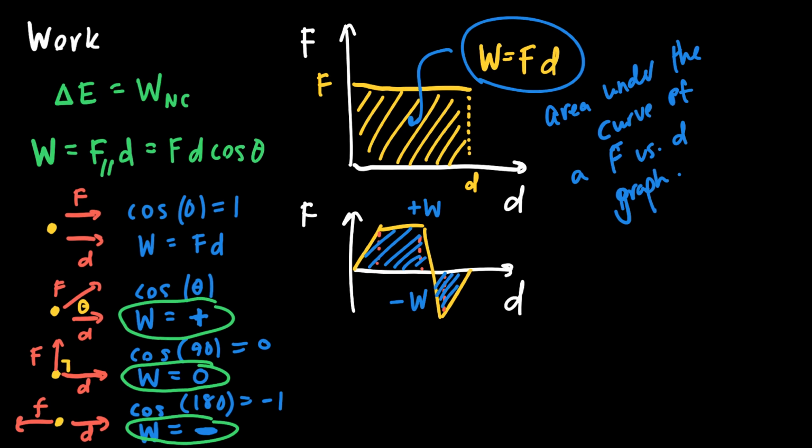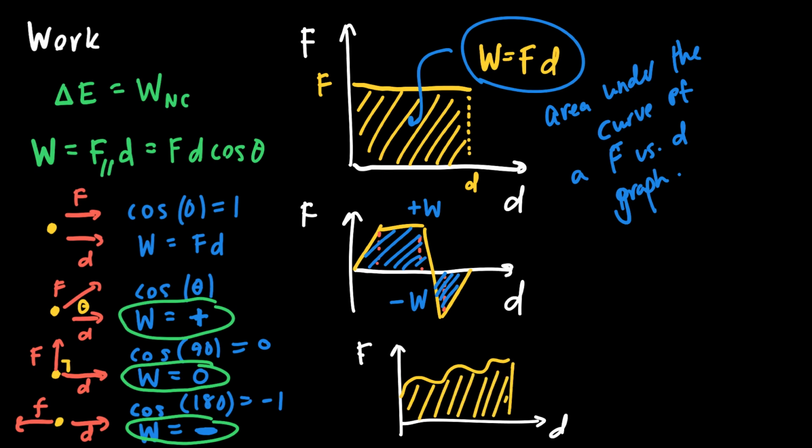This is important because you might imagine all sorts of scenarios where the force that's acting on an object isn't constant. Even for something where the force is changing quite strangely, we should be able to find the area under that curve by estimating the different shapes and trying to guess at how much work was done on the object.